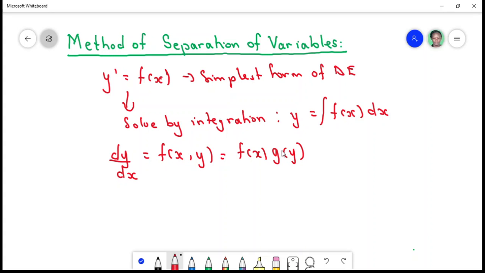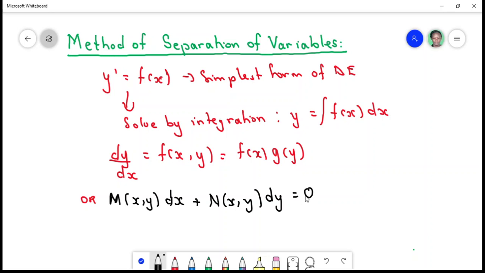This is a first order separable differential equation, or equivalently, you could also write it as M of x, y dx plus N of x, y dy equal to 0.